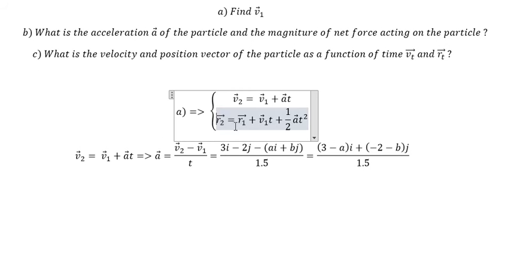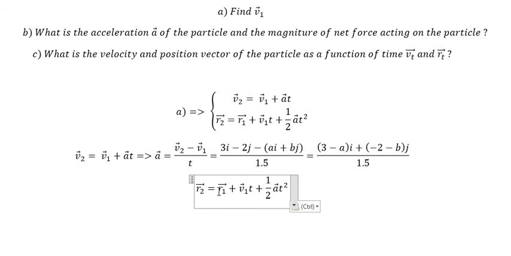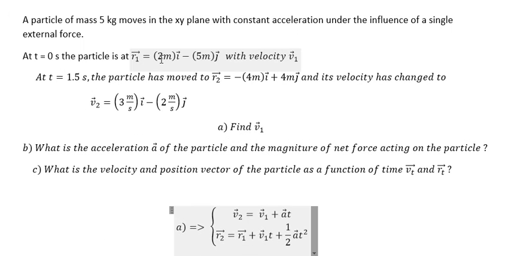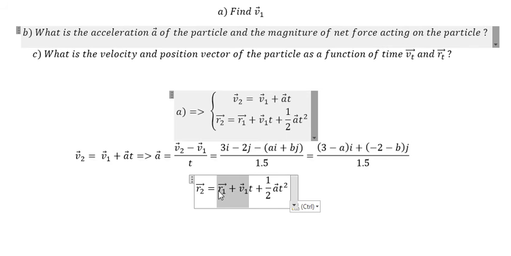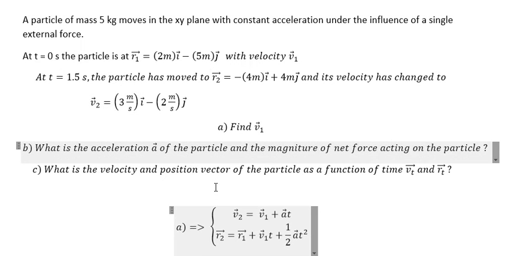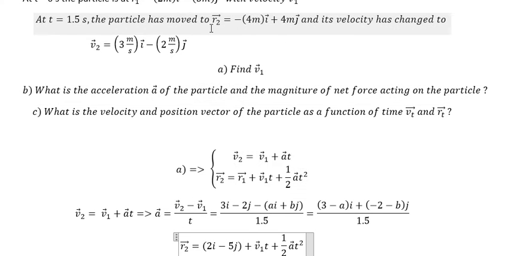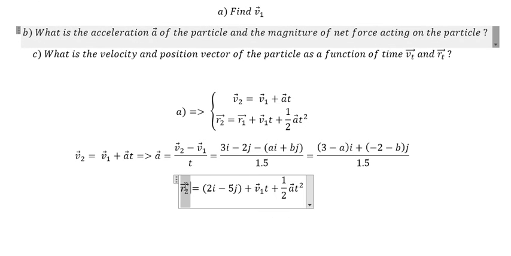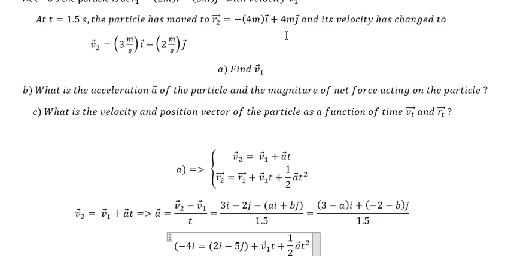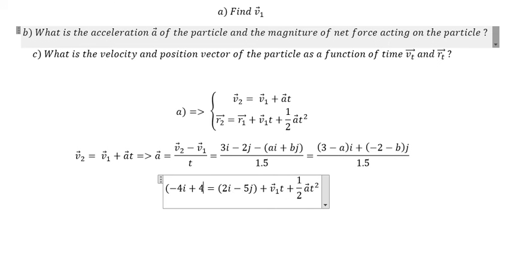The next one, we consider the second equation. R1 they just provided, so we put 2i minus 5j. R2 is negative 4i and positive 4j.